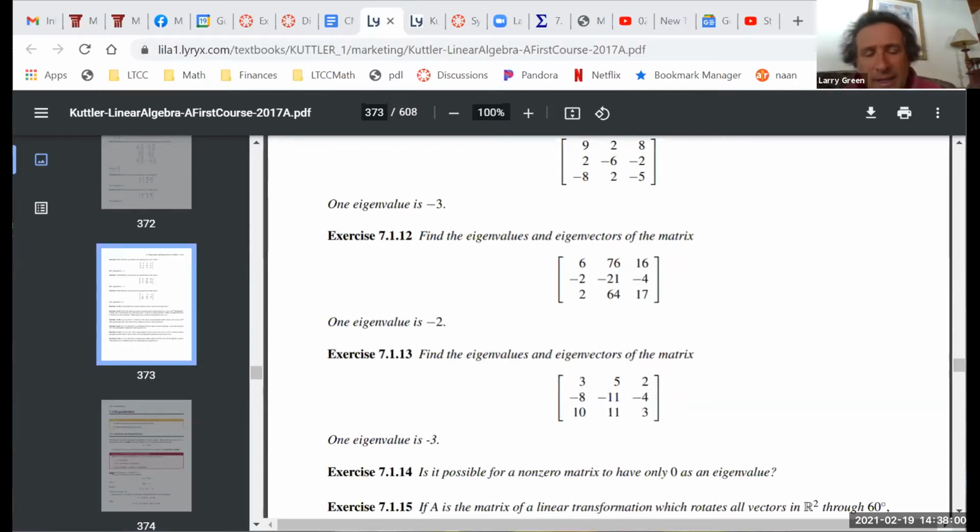By the way, I think I'll just do it this way because there are other possibilities that we can do, but 2, 64. I want 21 minus lambda, and 17 minus lambda.